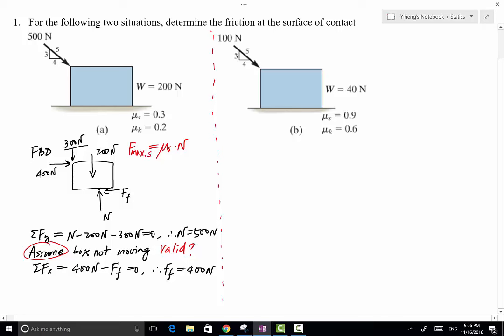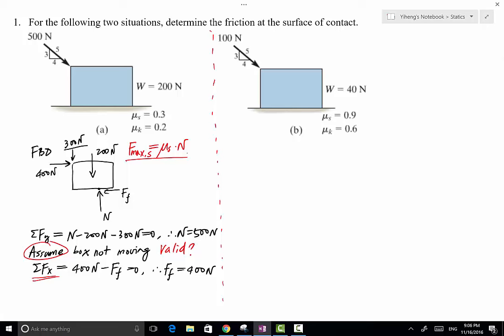So before static friction reaches this limiting maximum value, static friction is always determined by equilibrium because we can apply static equilibrium equations. But after the static friction has reached this maximum limiting value, this is when the box is about to start sliding.